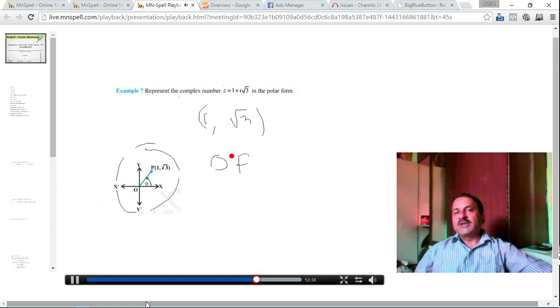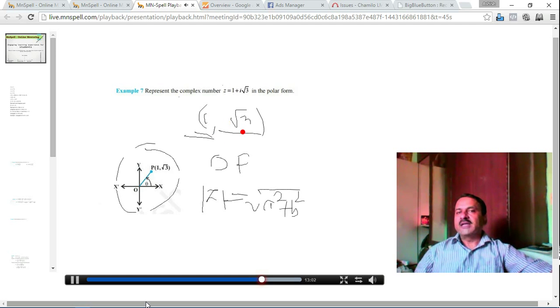If we have to find the length of OP, it is called modulus. This is called modulus of complex number, modulus of z. And the formula is very simple. Modulus is under root a square plus b square. What is a? This real part is a. 1 is a.